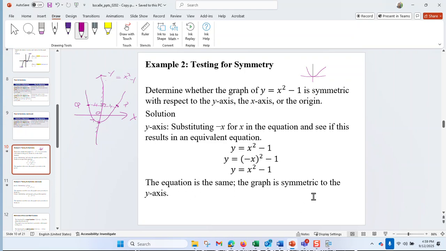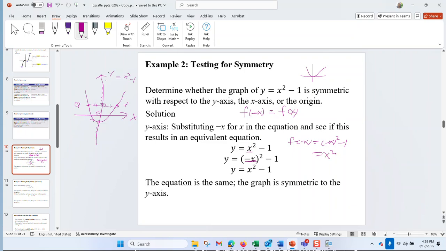Okay, how do you use algebra to express that? The algebra here will be f of negative x is equal to f of x. That means if I replace x by negative x, and negative squared is still positive. So f of negative x will be negative x squared minus 1, and negative squared is positive, right?